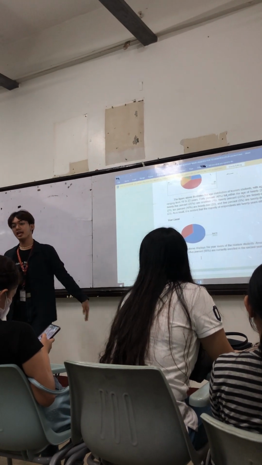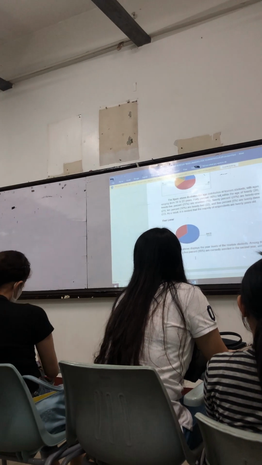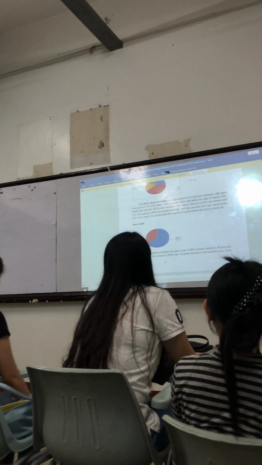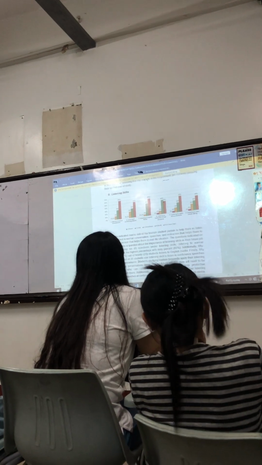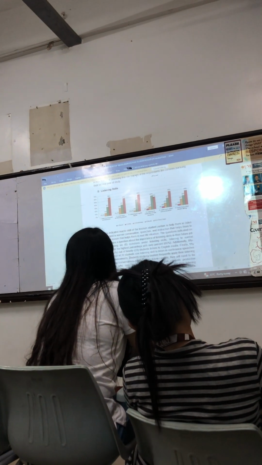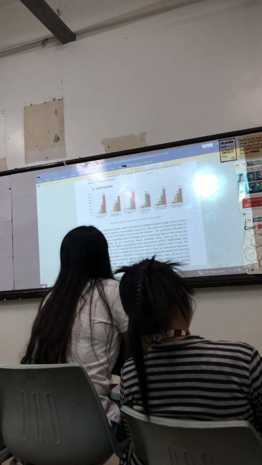Even for the different data that you put in, it is the same. For example, you put in macro skills, right? So we have macro skills here. The first one is listening skills.